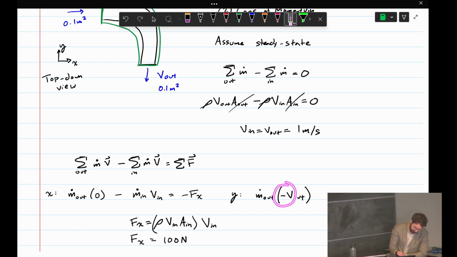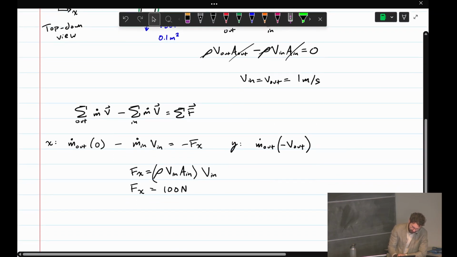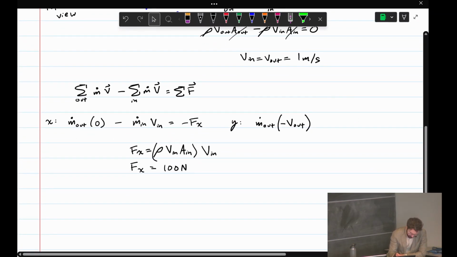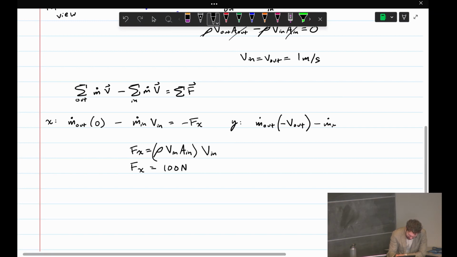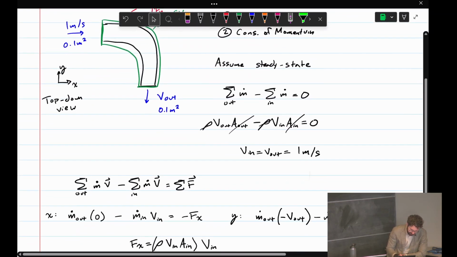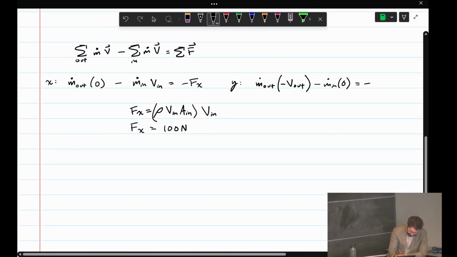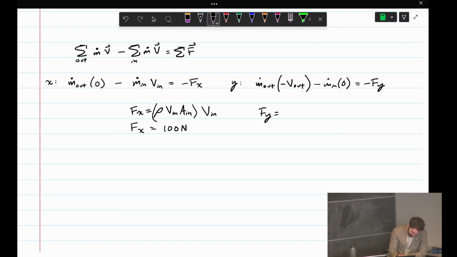The negative is because we're going downwards. That's a vector component, this part. This m dot out is just a scalar. Minus m dot in times 0 is equal to, we assumed downwards for Fy, so that'll be negative. This also gives us Fy equals 100 newtons.